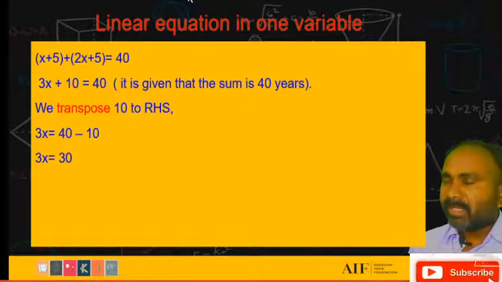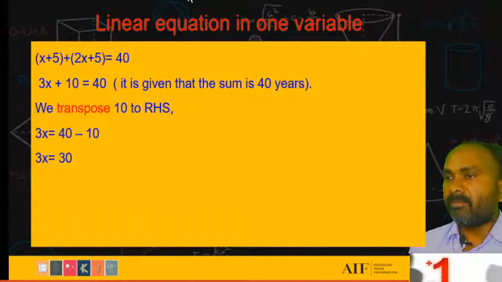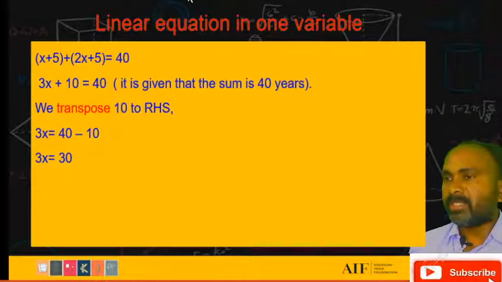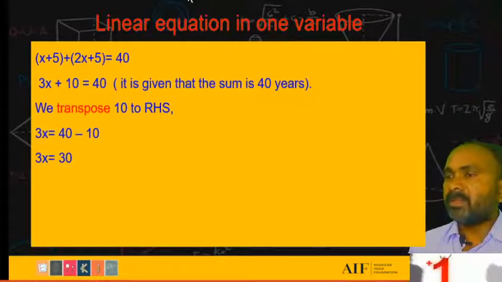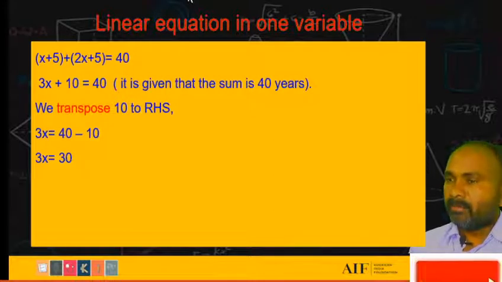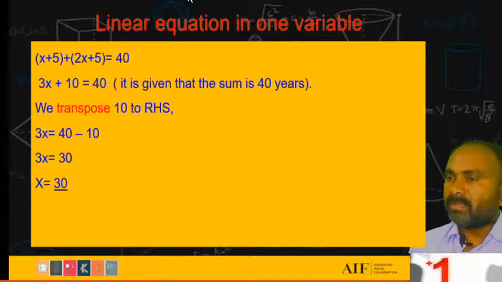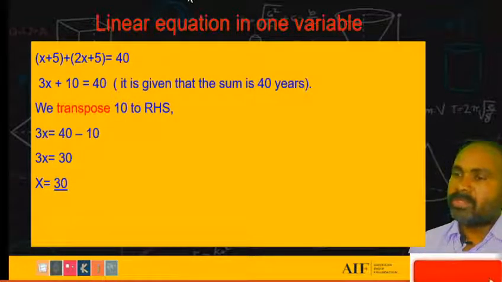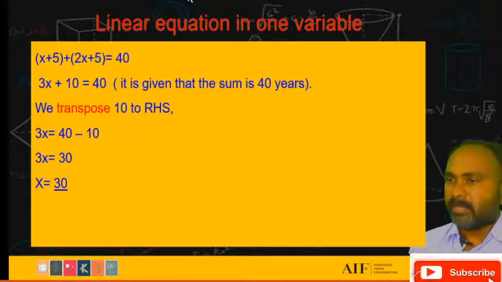Here 3x is there, so we should keep only the variable on the LHS. The remaining constants and coefficients we should transpose to the right hand side to find the x value. So 3 into x, we transpose as divided by, so 30 by 3.